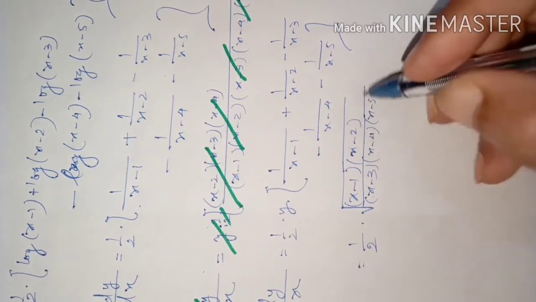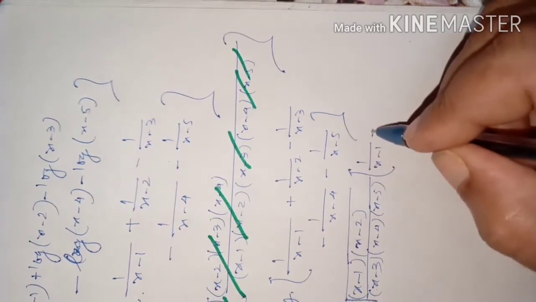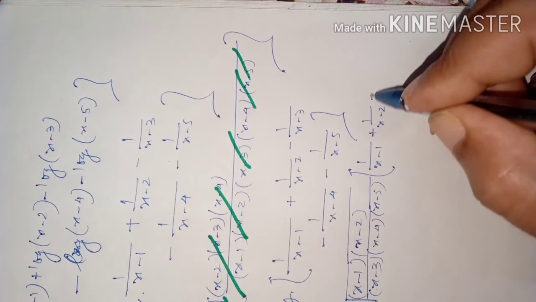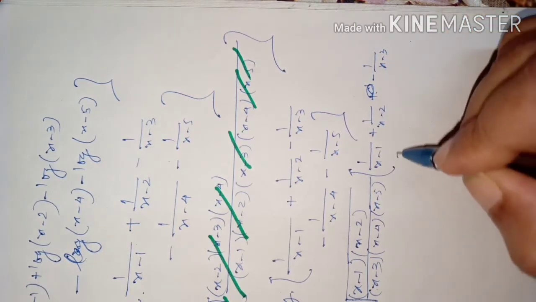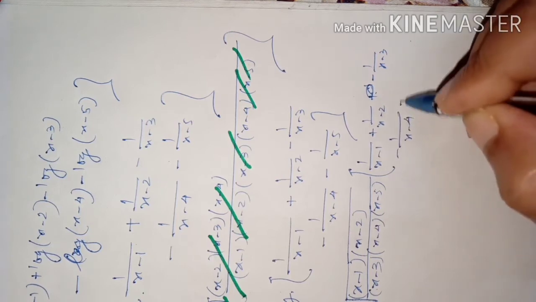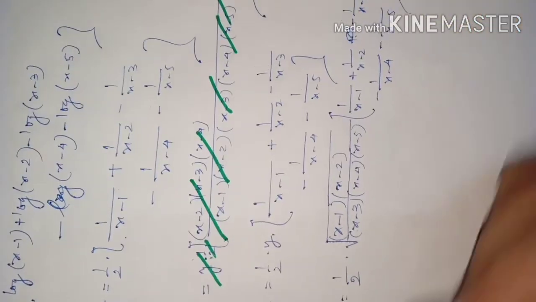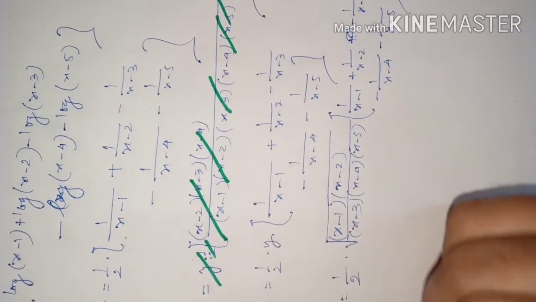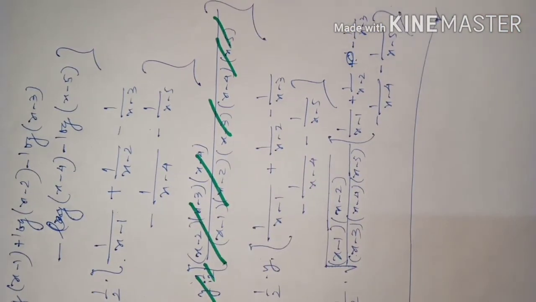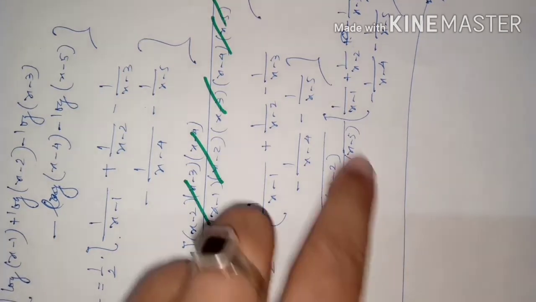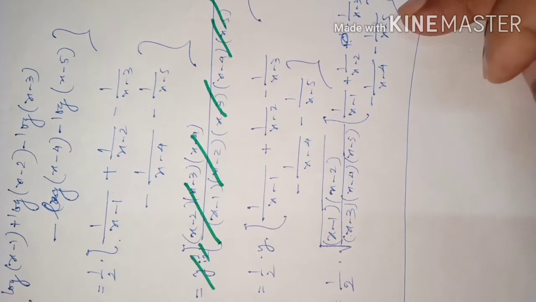Then the big bracket: 1 by x minus 1 plus 1 by x minus 2 minus 1 by x minus 3 minus 1 by x minus 4 minus 1 by x minus 5. This is our final answer, that is dy by dx. So this is the answer for the whole thing: half into the under root expression into the big bracket, and inside that big bracket all these terms will be there.